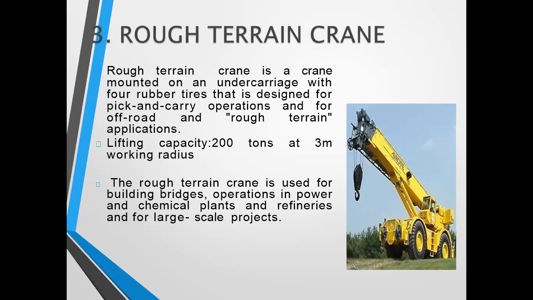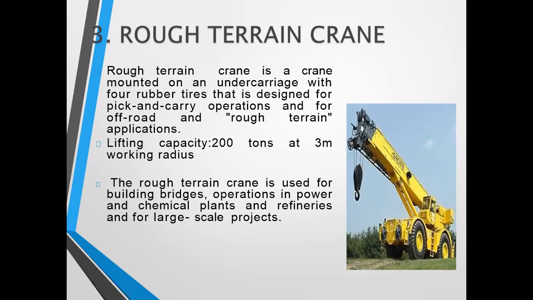The next type of crane is the rough terrain crane. A rough terrain crane is a crane mounted on an undercarriage with four rubber tires that is designed for pick and carry operation and for off-road and rough terrain applications.